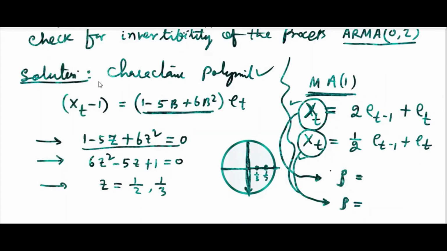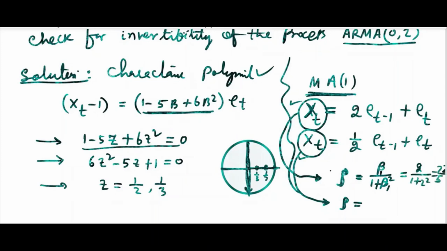Both are MA(1). When both are MA(1), what will happen? When you find rho here, the formula was beta_1 divided by 1 plus beta_1 squared. If you find it for this, it will be 2 divided by 1 plus 2 squared, that is 2 divided by 5. How about this?